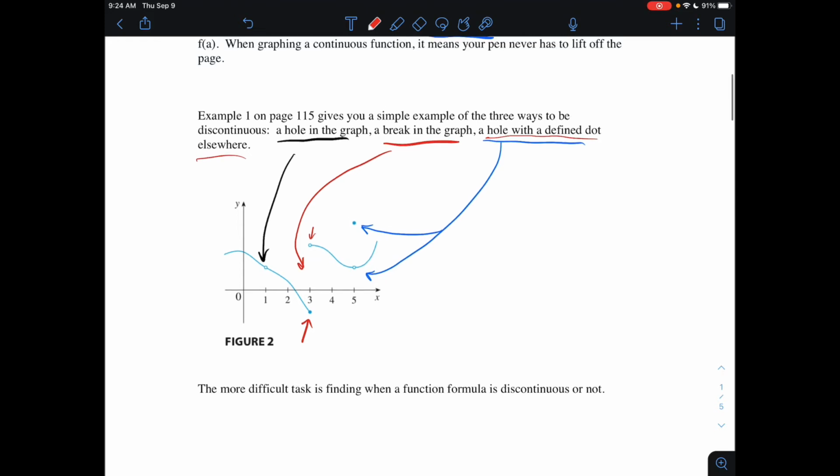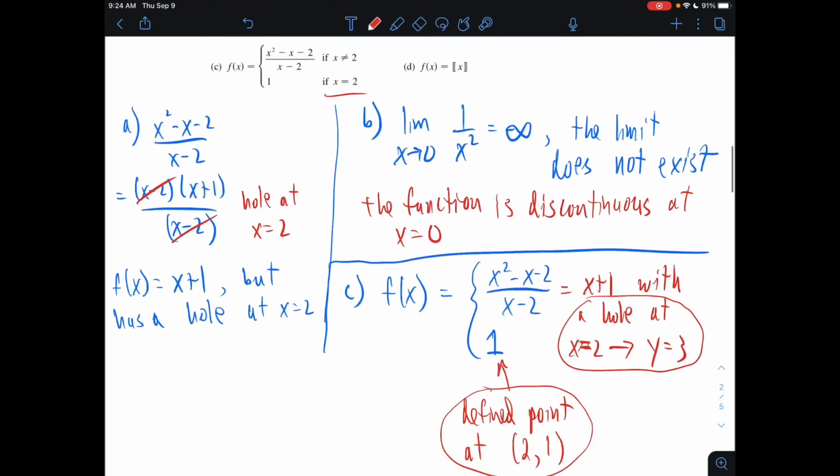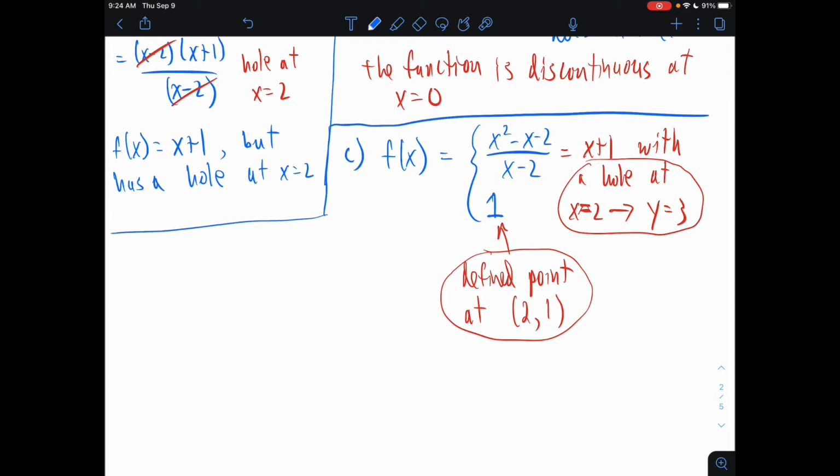Here again, we could even say that the limit as x approaches 2, so we can also say for part C, the limit as x approaches 2 of f of x would essentially be using the line that's approaching the y value of 3.